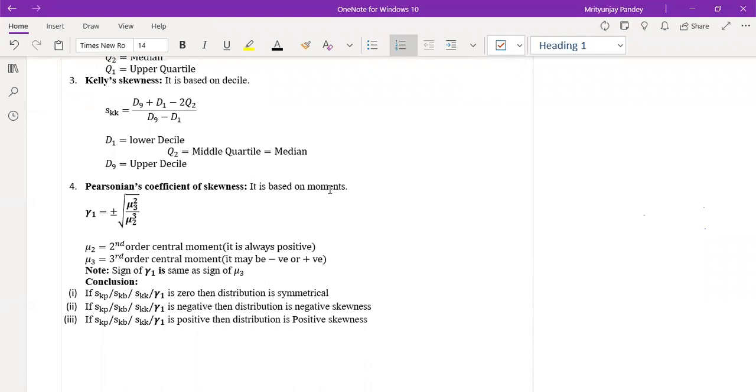So that is the formula of gamma 1. Gamma 1 is the notation for the Pearsonian coefficient. This is equal to plus minus mu3 square upon mu2 cube, whole root. Now here there are two signs, plus minus. So which sign we consider depends upon the signs of mu2 and mu3.